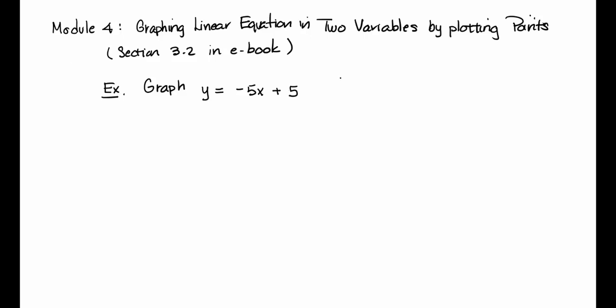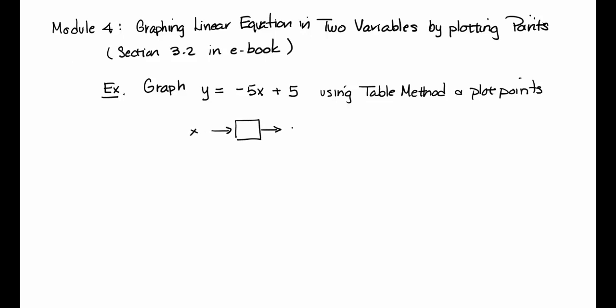Okay, and here we're going to use the table method. We're going to use the table method and plot points. So you can think of it as I'm going to put in some x value, and out's going to come some y value, and then I can make that into my x, y coordinate.